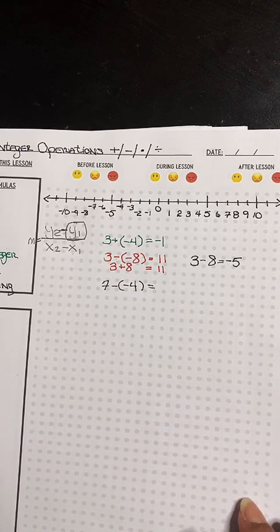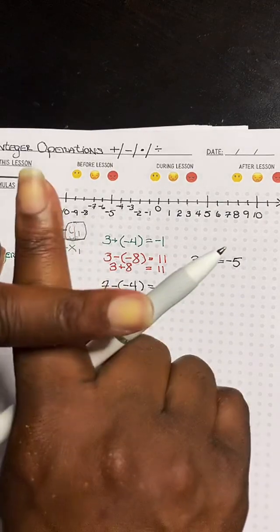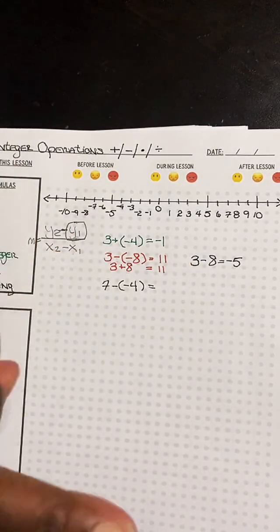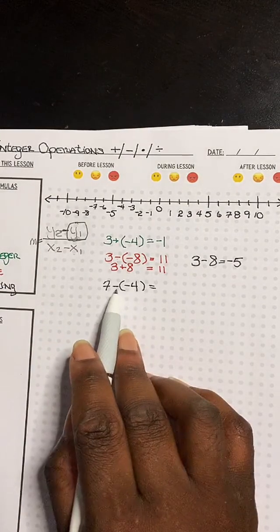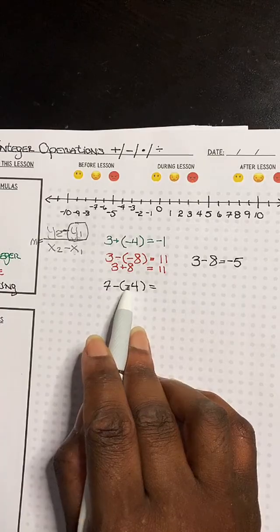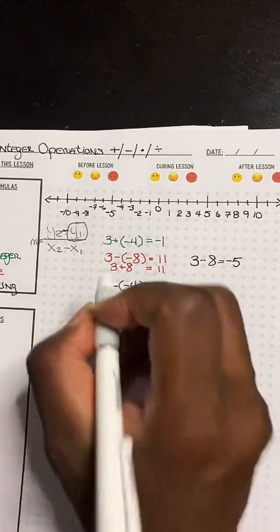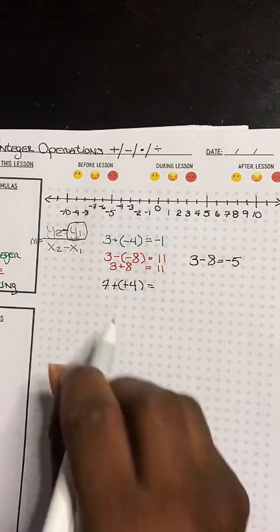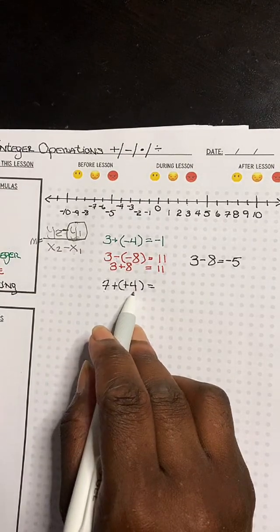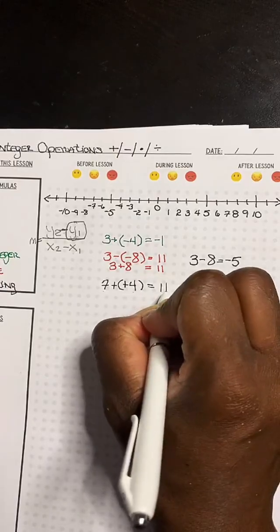The only way things can cancel out is if one is positive and one is negative. So if you see a minus, a negative, they transform into positives. So then 7 plus 4 will give us our 11.